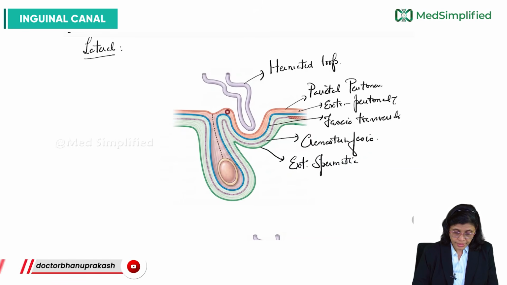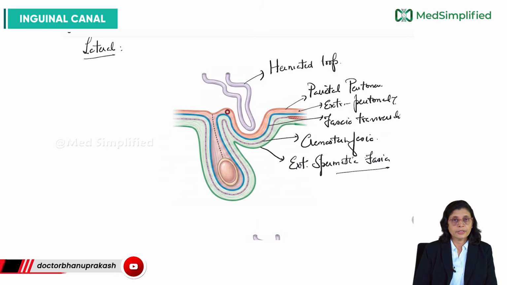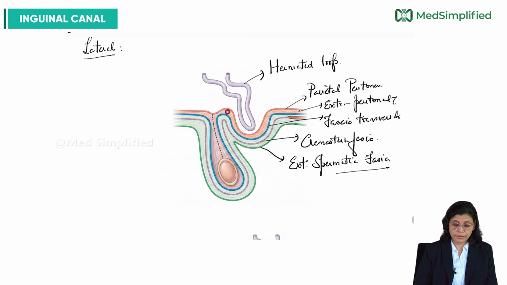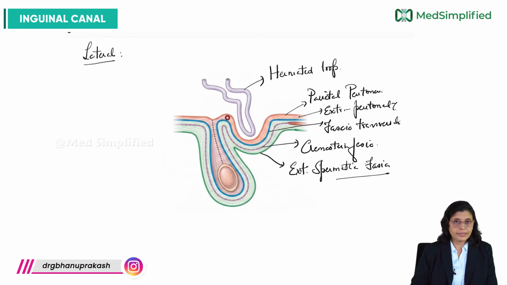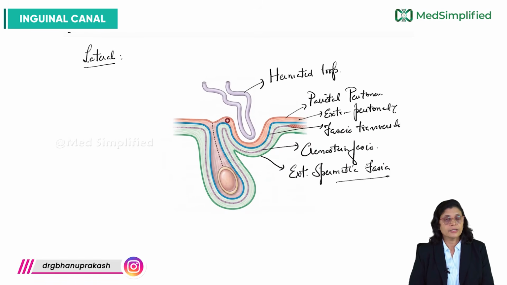So what did you see here? We didn't see the internal spermatic fascia. So these are the structures which form the covering for lateral direct hernia.